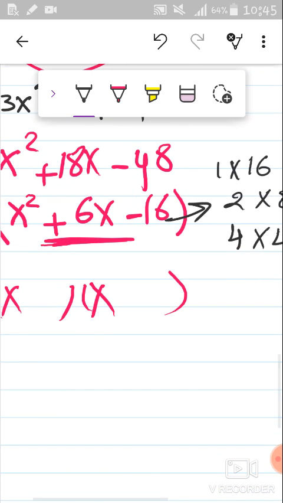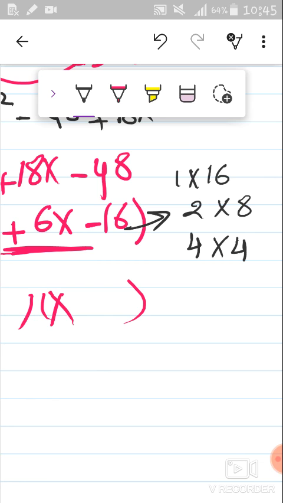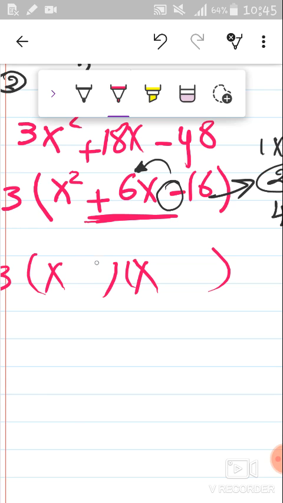How can I choose the suitable factors? The sign here is negative, so I need the difference between them to be equal to 6. So I am going to take 2 and 8. Also, this negative means difference. The two brackets have different signs.